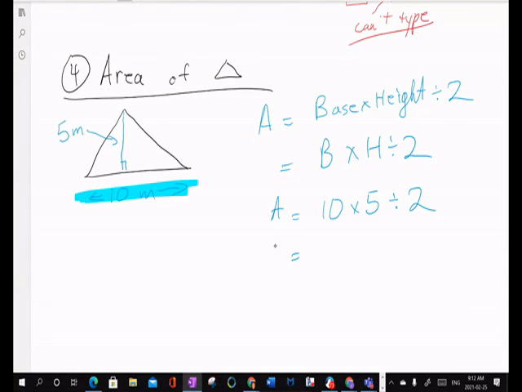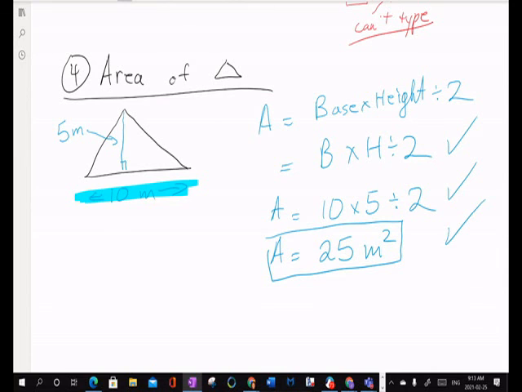You punch that in your calculator, and you end up with 25 meters squared. Now, just like I said before, you will always get marks for your equation, your calculation, and then your final answer.